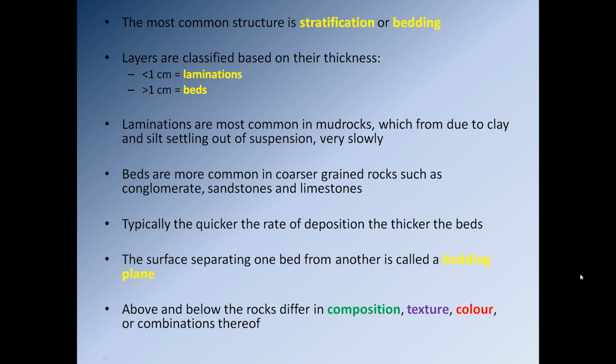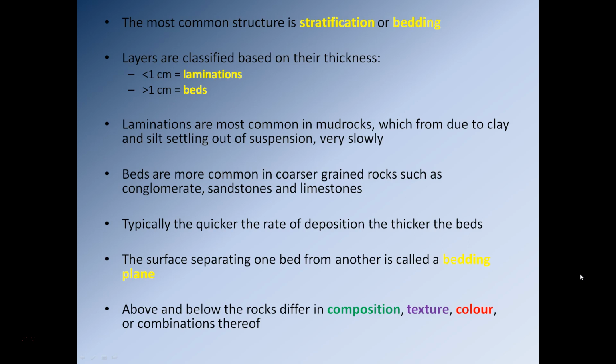The surface that separates one bed from another bed, or one lamination from another lamination, is typically referred to as a bedding plane. Above and below, the rocks will differ in composition, texture and colour. If I have a layer of rock and I can see there's a layer of rock below it and a layer of rock above it, the reason that I can tell that they are different is because there will be some difference in composition.